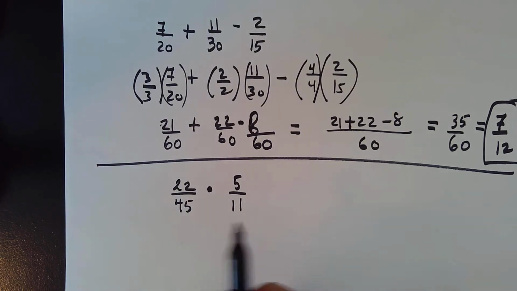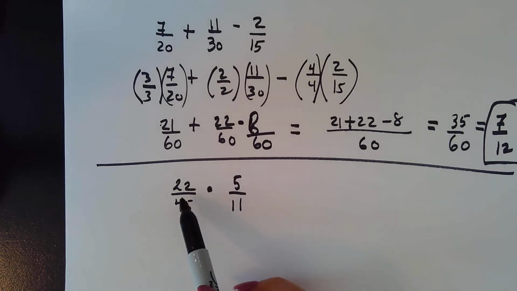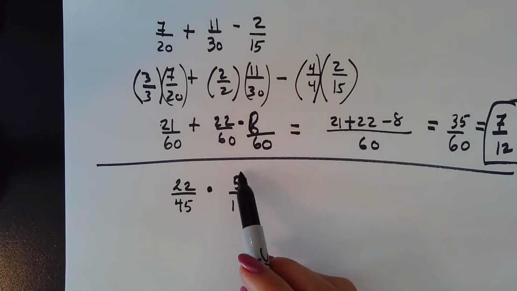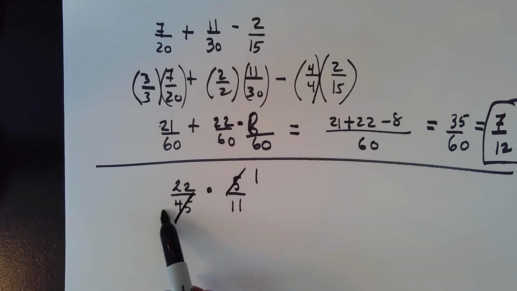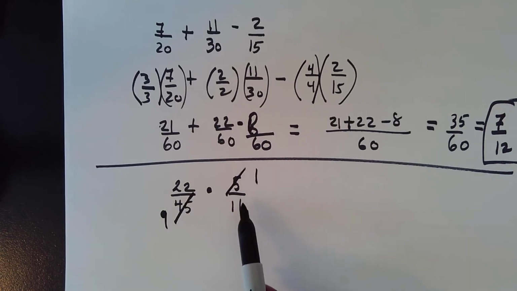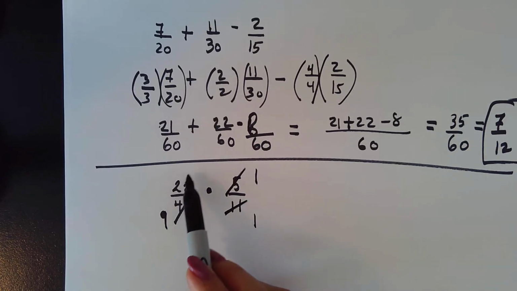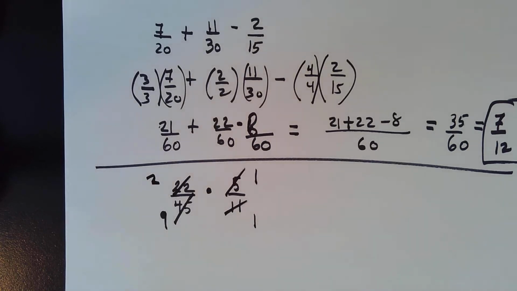For example, you take a look at 5 and 45 and say, well, 5 goes into 5 once, and 5 goes into 45 9 times. Similarly, 11 goes into 11 once, and 11 goes into 22 2 times, right? This is only done with multiplication, and it can be done with division once the division problem changes to a multiplication problem.